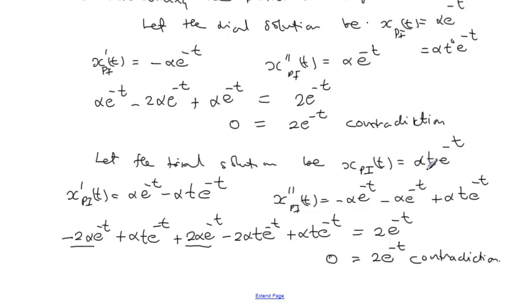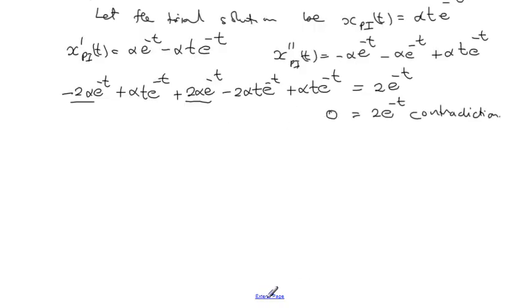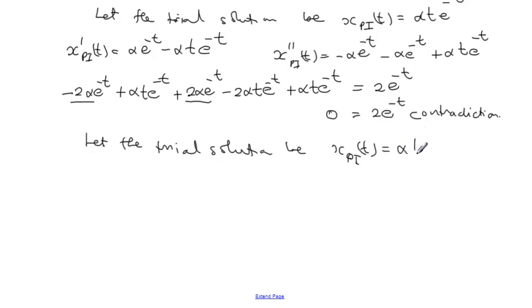Again, we're forced to reject this. So now we need to continue. We continue by increasing the power of t here by 1, which then suggests that we let the trial solution be x particular integral equals alpha t squared e to the power minus t.